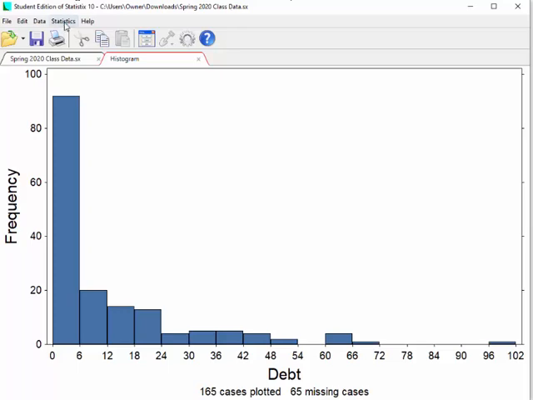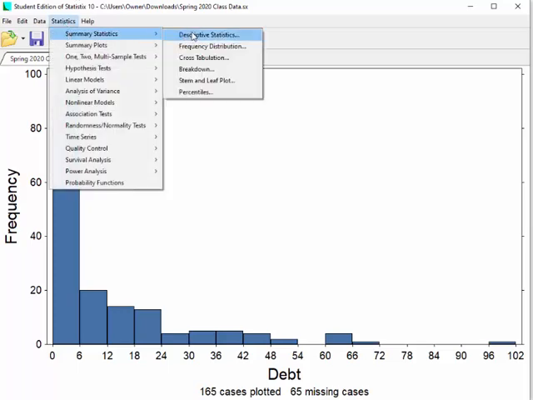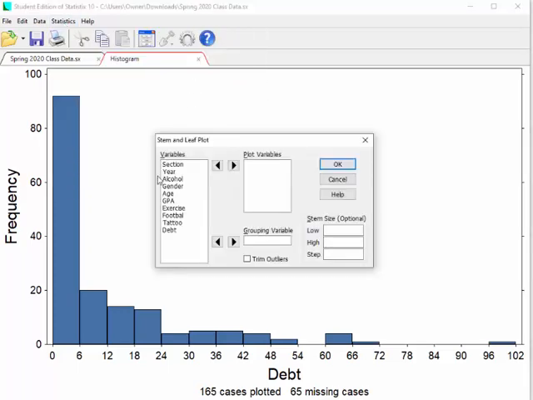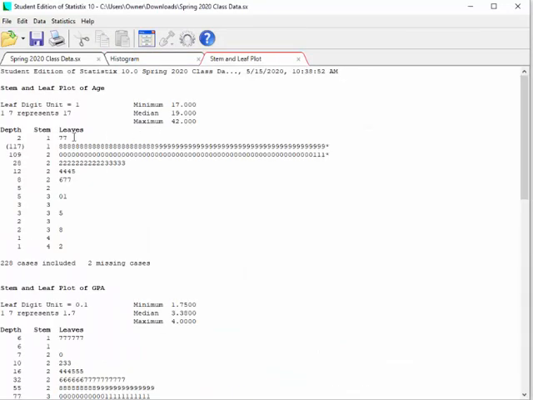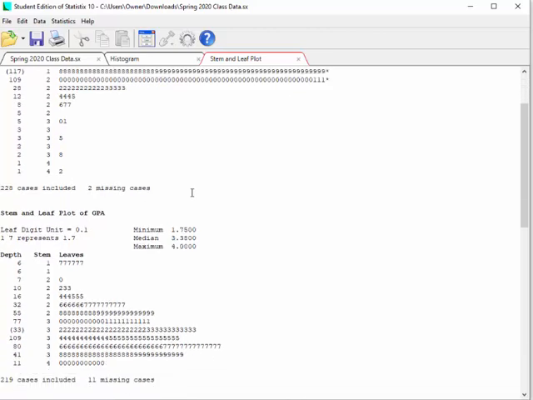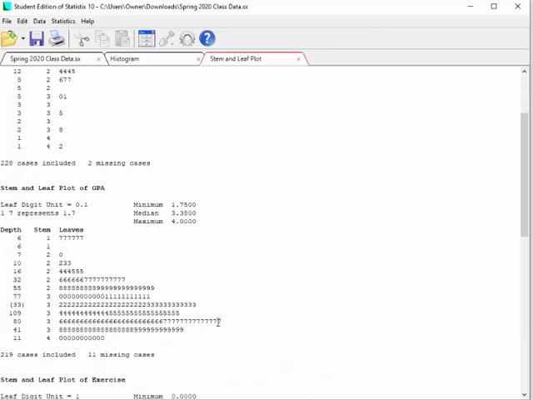All right, so now let's take a look at stem and leaf plots, and I think we're going to find the same thing. Now the nice thing with stem and leaf plots is I can ask for them all at the same time: age, GPA, exercise, and debt. Now remember, when we're working with stem and leaf plots, we've got to rotate this 90 degrees so that we can see the shape. And you see a skewed right shape here. You see a little bit skewed left.